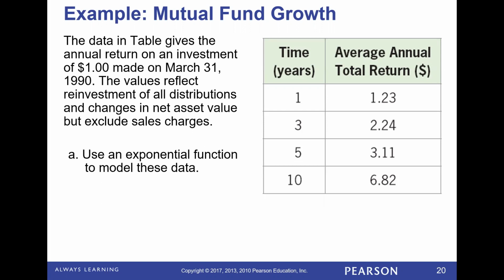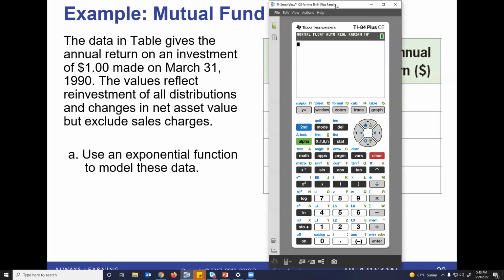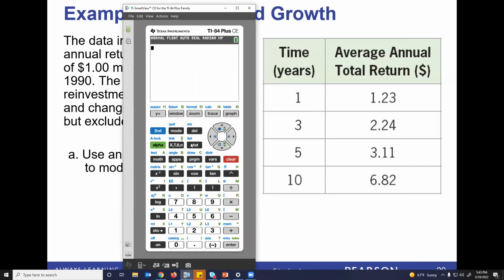Now, what I want you to do is use an exponential function to model this data. So the first thing I'm going to need is my calculator. So we're going to open up my calculator. I'm going to move this over here, and we're going to hit stat, edit. Now I've got stuff already in here, so I'm going to clear out my list. Always clear it.